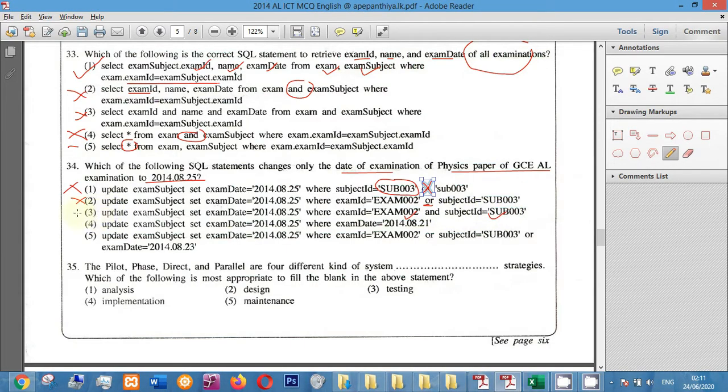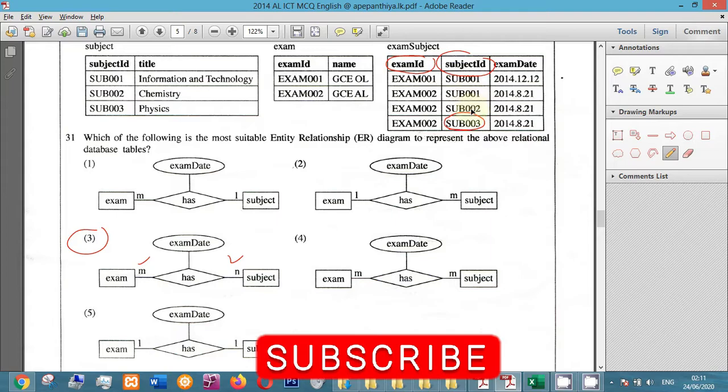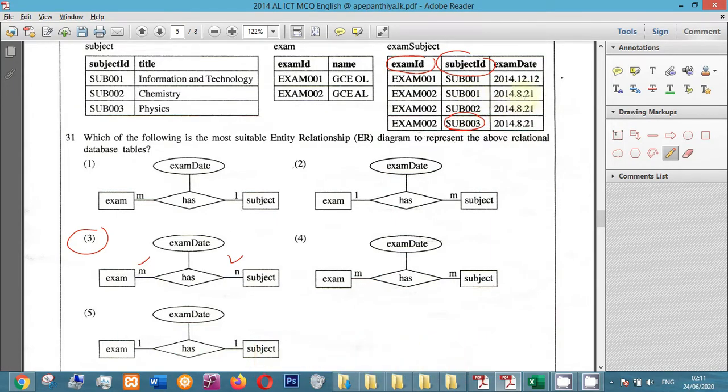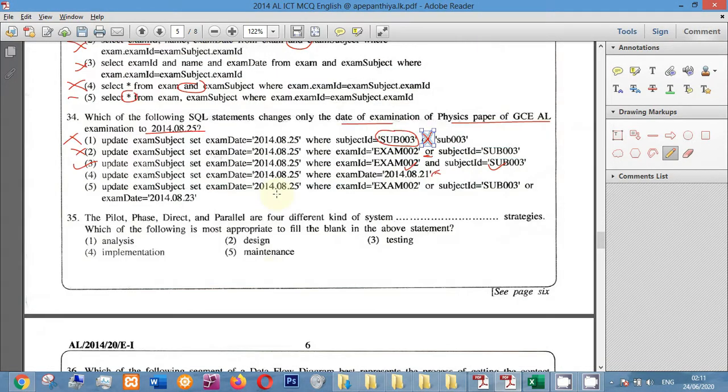Update exam ID set where exam date. We can't take this one because there are 3 exams, 3 subjects on the same date, so all 3 will be updated, so you can't take that.